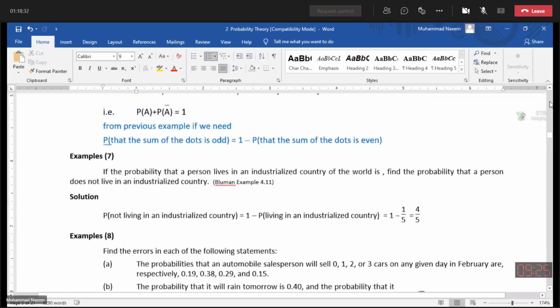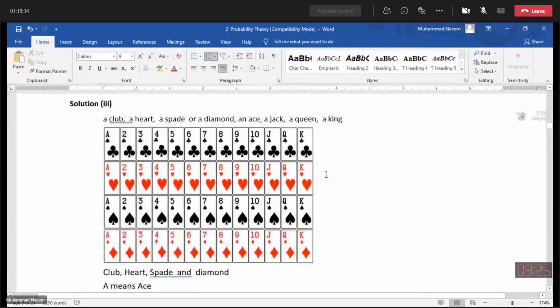So look at the collection. These 13 are heart, and these are black. So there is no card which is a heart and also a black one.